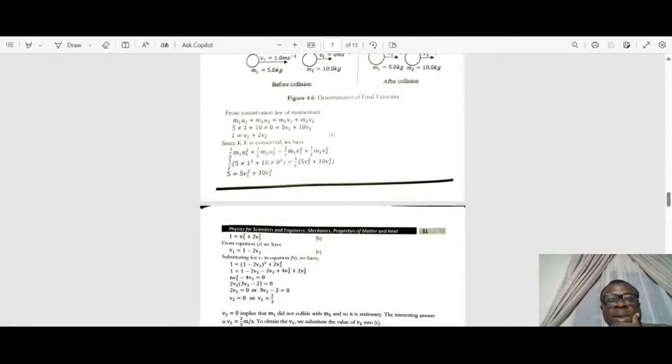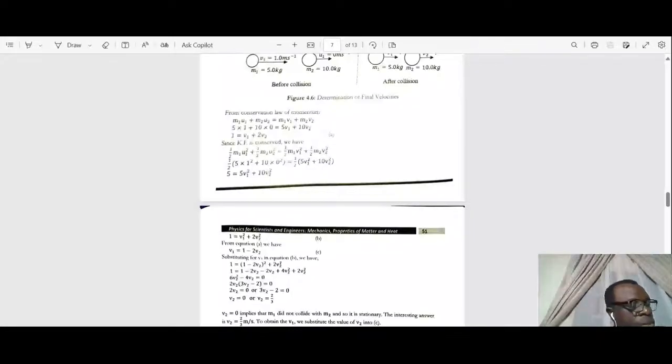So you can divide both sides by 5 to reduce the figures. 5 divided by 5 is 1, equal to 5v1 divided by 5, which is v1 square. If you divide 10v2 square by 5, it gives us 2v2 square. That is where we now have equation B.